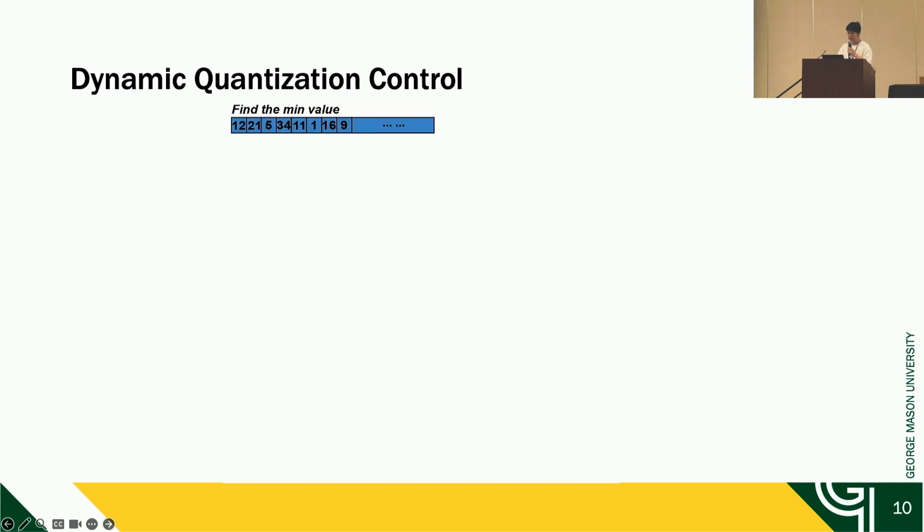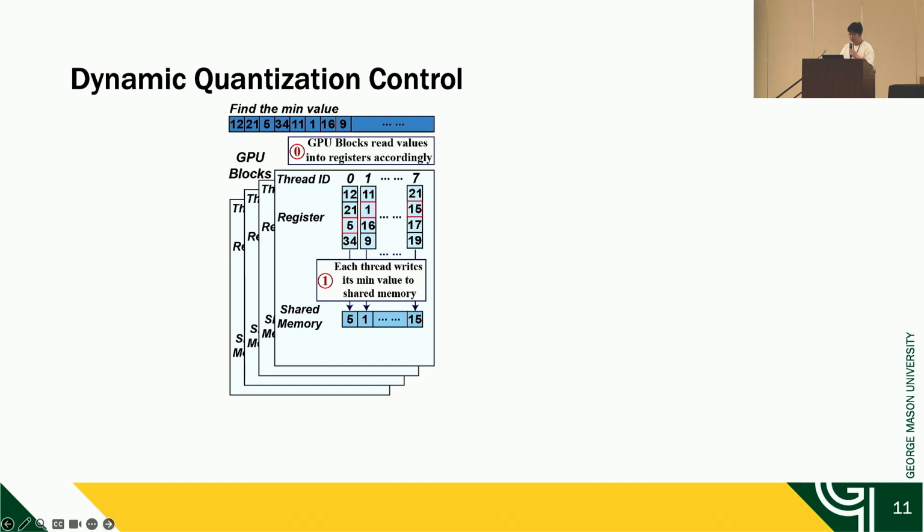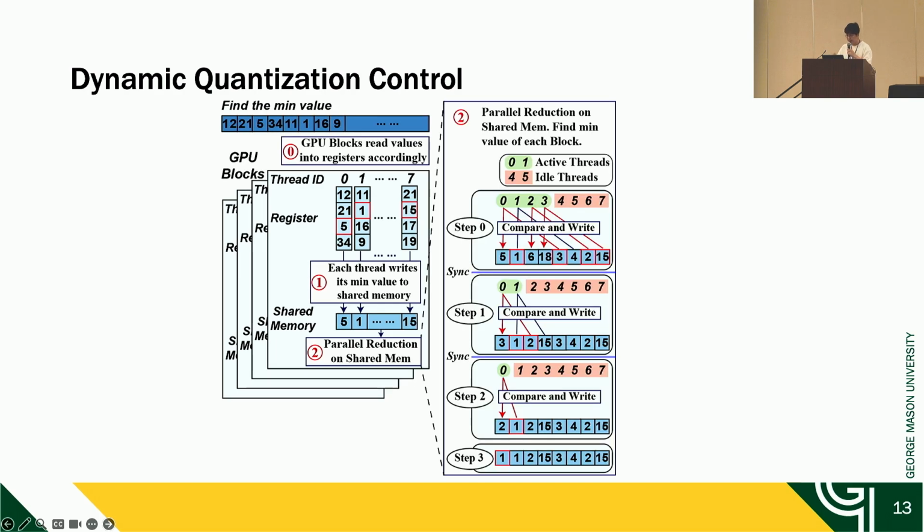Here is the example. To get a reduction result of a tensor, such as finding a mean value, we first divide the input data and read them into registers in parallel. Then each thread writes its value to shared memory. And now we do a parallel reduction on shared memory to find the value of each GPU block. At each step, threads compare pairs of values and write the smaller one to the front position.